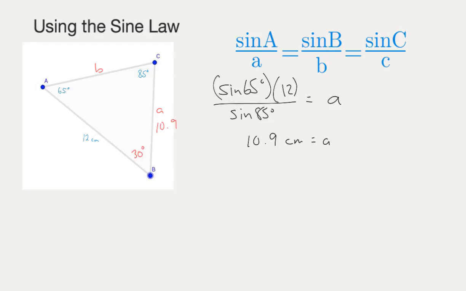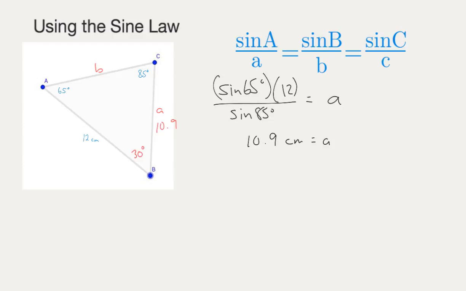I could set up an equation using sine A and sine B, but that would use the number I've calculated, and I don't want to throw off my accuracy by using a rounded-off answer. So I'm going to set up an equation using sine B over B and sine C over C, and that would make sure that I get a nice accurate answer.